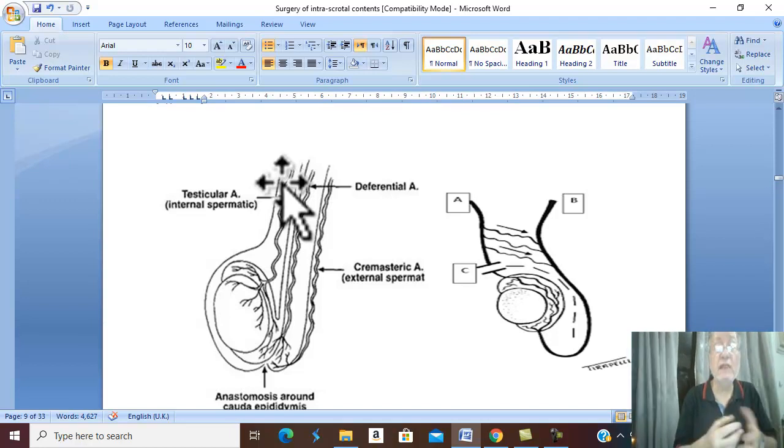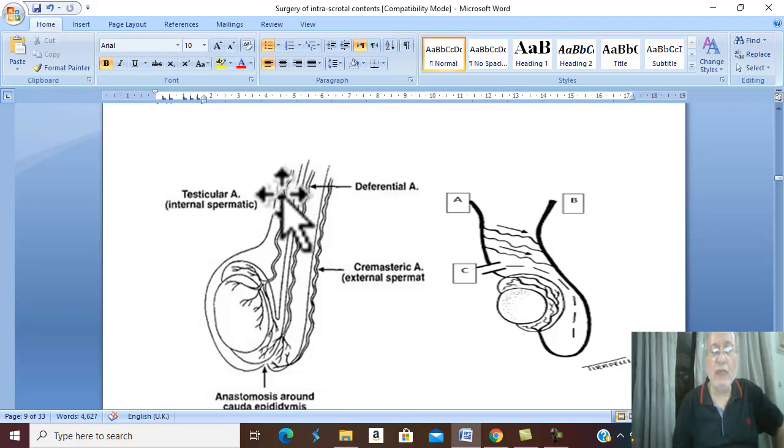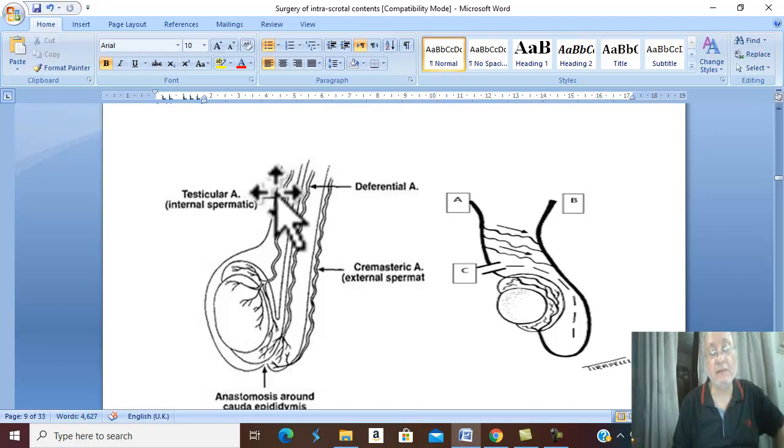If the color of the testis remains red, healthy, normal, what does this mean? This means that distal to the clamp there is good anastomosis between the distal part of the testicular vessels and the artery to the vas and cremasteric artery, and the nutrition of the testis is normal, even if you ligate the testicular vessels.